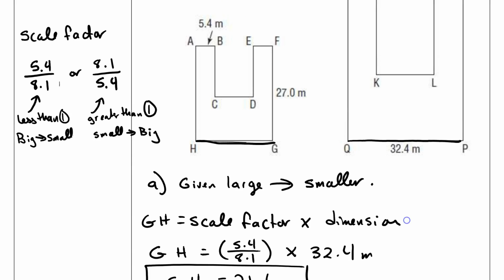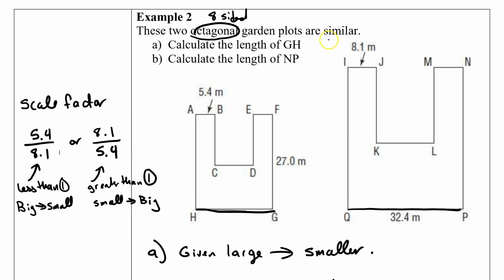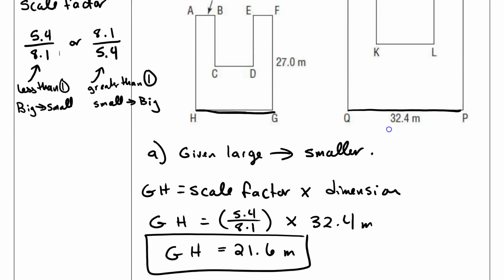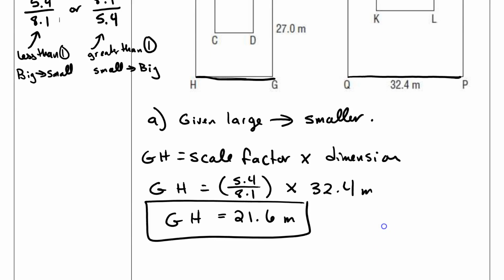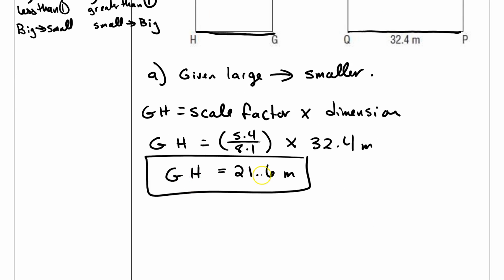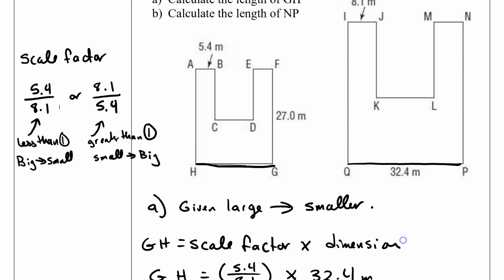So we are using the fact that they are similar, and we have created a ratio because we know that AB and IJ are similar, and just as GH and PQ are similar, we use that information to calculate what the smaller one is. What about with B? Now we're looking at NP.